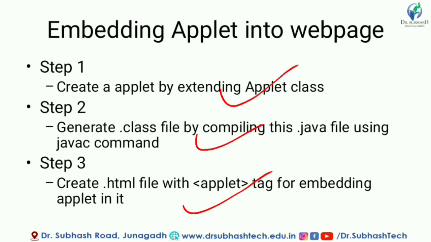In the first step we create one Java file. The Java file will be converted into a class file, and that class file will be used by step 3 in the HTML file. So for creating a web page using applet, these 3 steps will be followed.